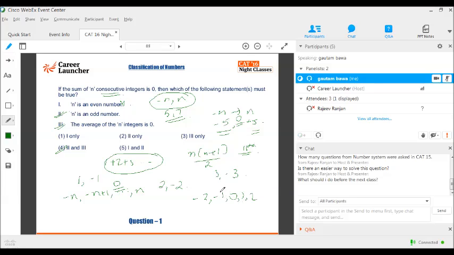What is the value of n here? n is 5. That means it's not even, it's odd. So 1 is out. 2 is correct. The average is minus 2 plus minus 1 plus 0 plus 1 plus 2, divided by 5, which is 0. That means 3 is in. So once again, 2 and 3, and the answer would have been option 4. The easiest method is just to take an example and solve it.